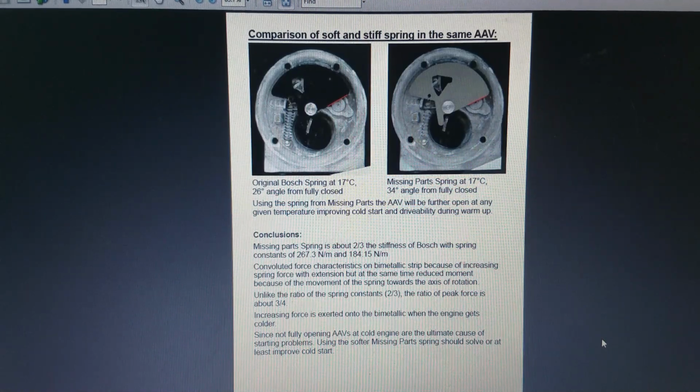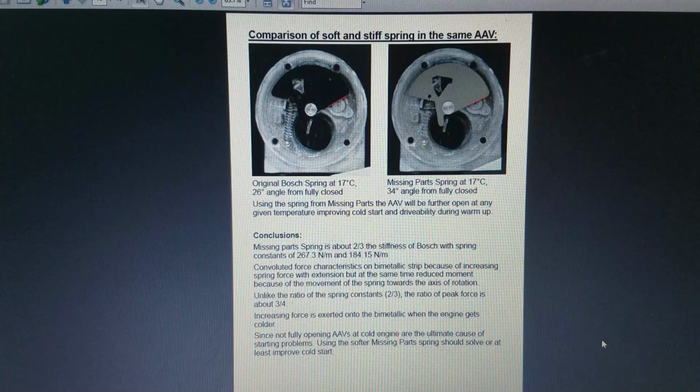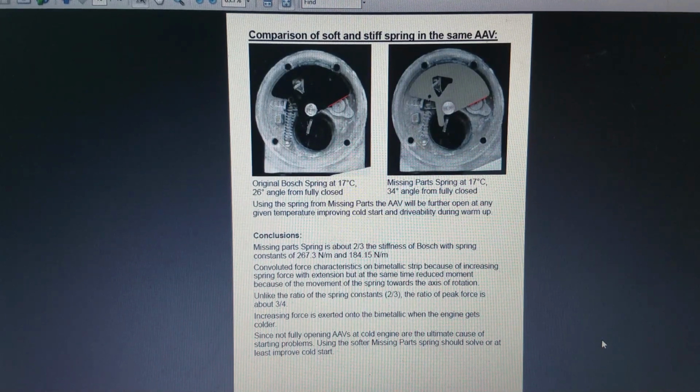Then I also did a comparison, putting the original Bosch parts and the missing parts with the softer spring parts into the same auxiliary air valve to eliminate differences between them being a factor.